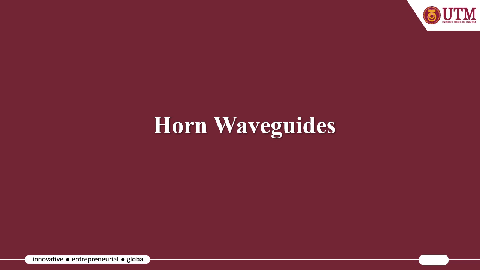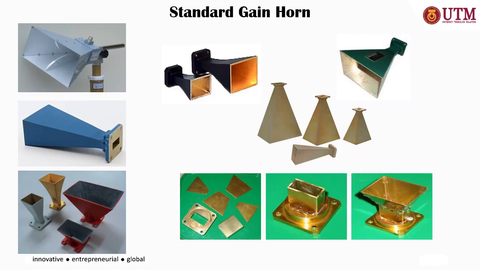Okay, next is the horn waveguide. I believe that you have seen this kind of waveguide in your third year PBL lab, in which you were required to design a horn antenna to achieve a certain gain and targeted frequencies, and you played around with the width and the height of the horn to get the performance as required.